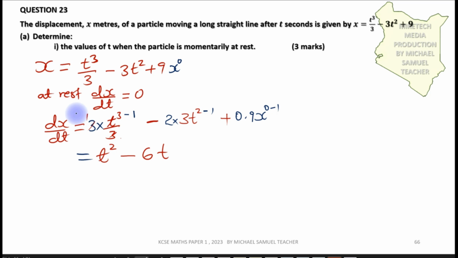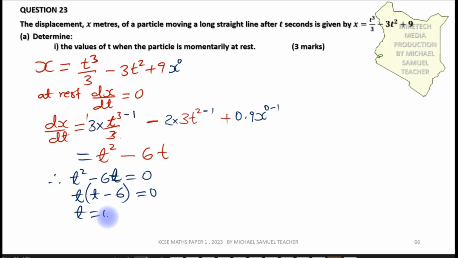And they are saying that at rest the gradient function is equal to 0, therefore this will be equal to 0. So we can factor out t, so we have t times t minus 6 equal to 0, so either t is equal to 0 or 6.